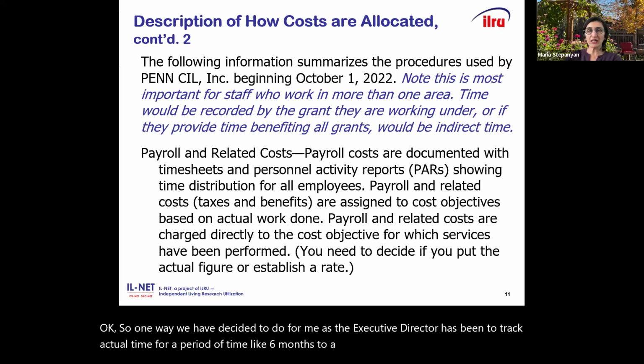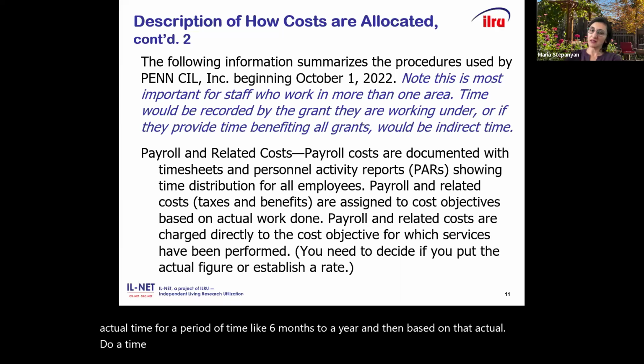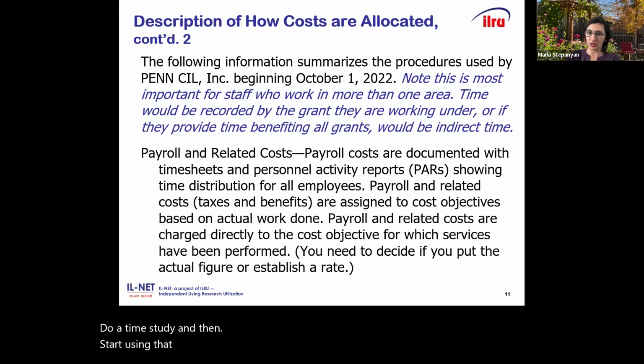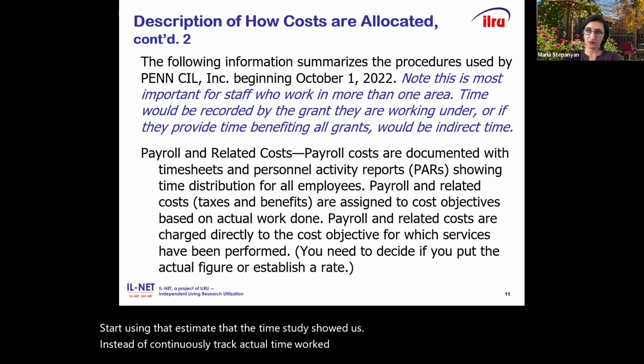And then based on that actual, do a time study and then start using the estimate that the time study showed us, instead of continuously tracking actual time worked on each funding source.